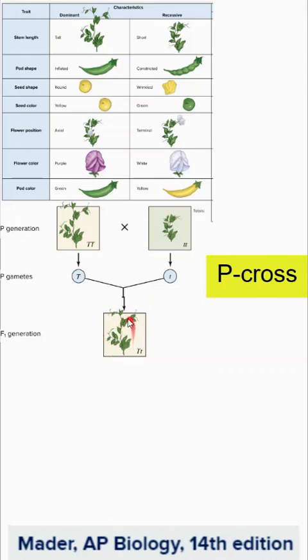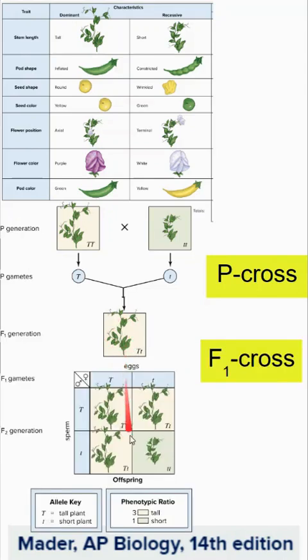But then he took this F1 generation and crossed them, and he ends up with the F2 generation. All of a sudden, this is where he understands that there are discrete factors causing inheritance, because what was original in the P generation can show back up in the F2 generation, even though it was not in the F1 generation.